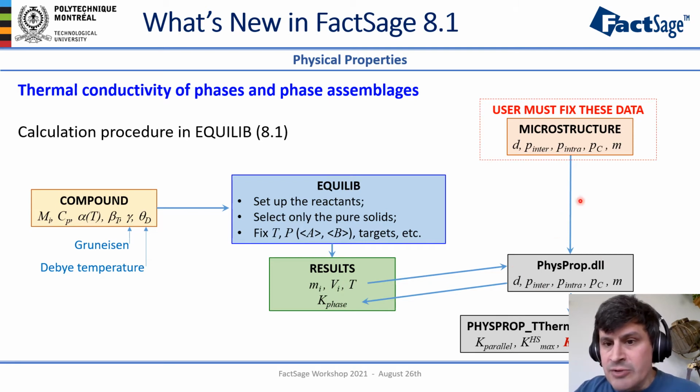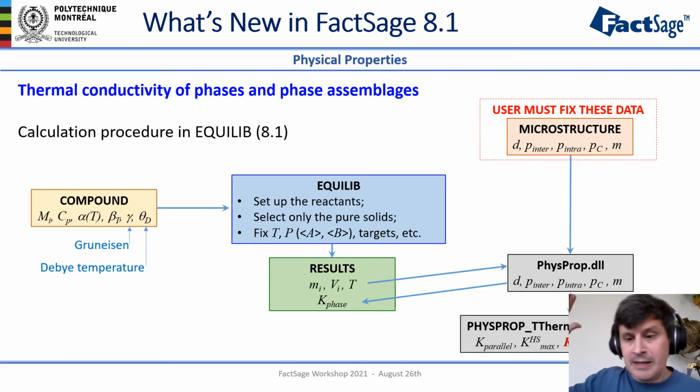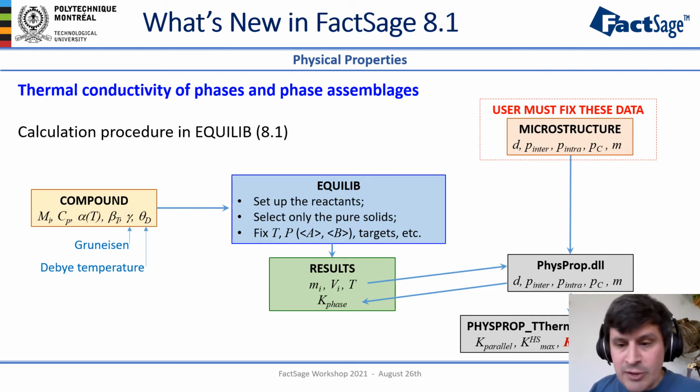And FISPROP is using the microstructure data to compute the thermal conductivity of the phases. Now, using the thermal conductivity of the phases, it computes the thermal conductivity of the phase assemblage, and the 5 different values for every calculation are stored in the FISPROP thermoresults.ini file, which you can open. It's an ASCII file, and you will see all the results at all the temperatures, values of alpha and beta that are stored there.